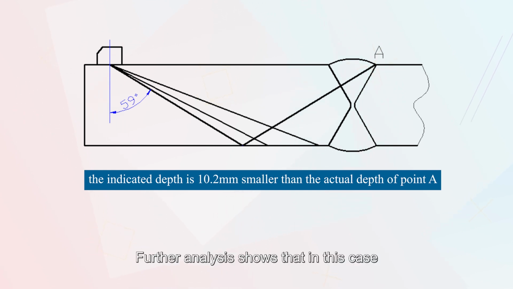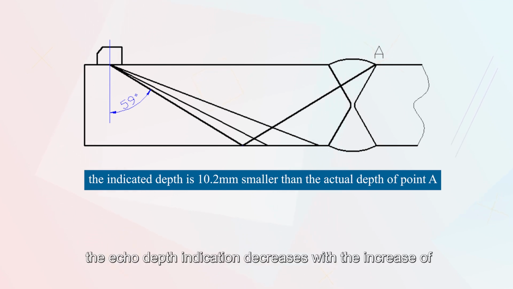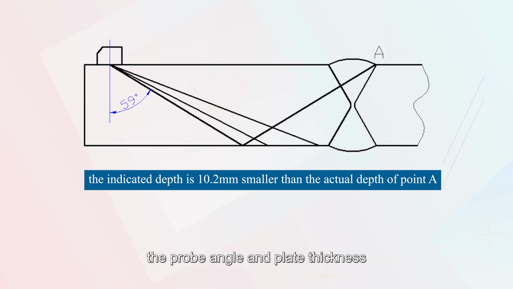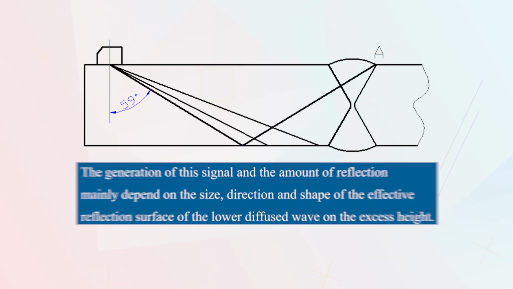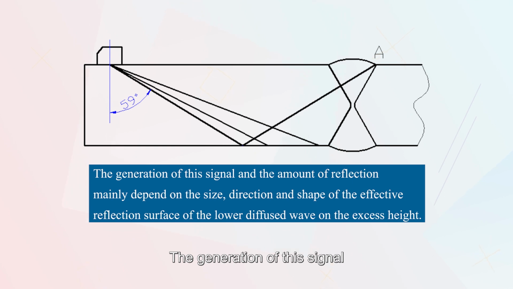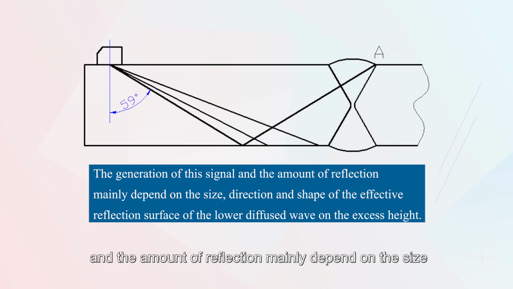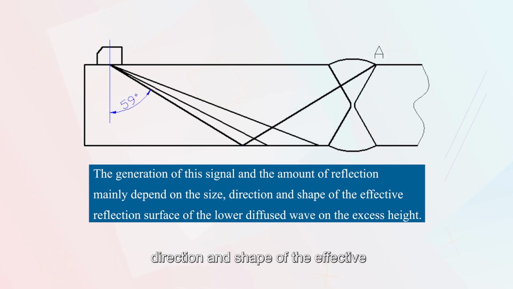Further analysis shows that in this case, the echo depth indication decreases with the increase of the probe angle and plate thickness. The generation of this signal and the amount of reflection mainly depends on the size, direction, and shape of the effective reflection surface of the lower diffused wave or the excess height.